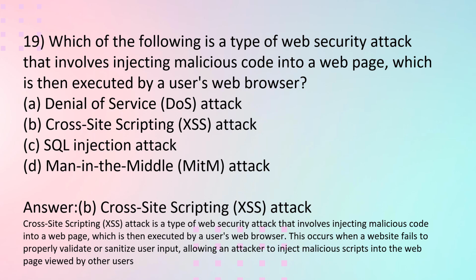Cross-site scripting attack is a type of web security attack that involves injecting malicious code into a web page, which is then executed by a user's web browser. This occurs when a website fails to properly validate or sanitize user input, allowing an attacker to inject malicious scripts into the page viewed by other users.